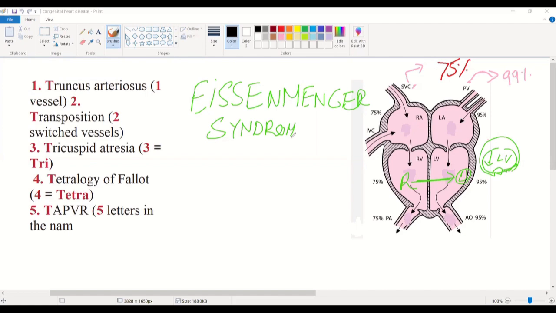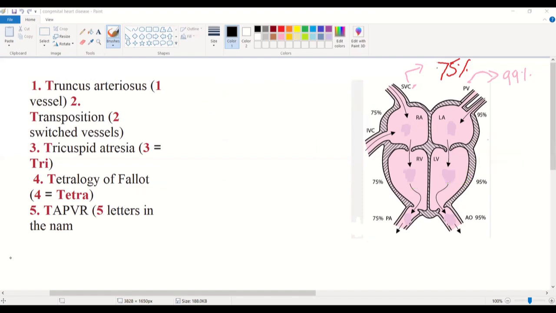And in tetralogy of Fallot, it improves with squatting, and it is worsened with exercise, crying, feeding, this kind of stuff.